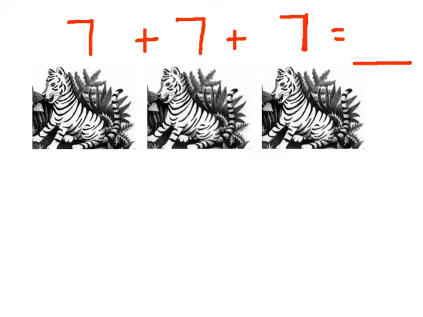I can see that 7 parts from one tiger plus 7 parts from the second tiger plus 7 parts from the third tiger equals 21 parts altogether.